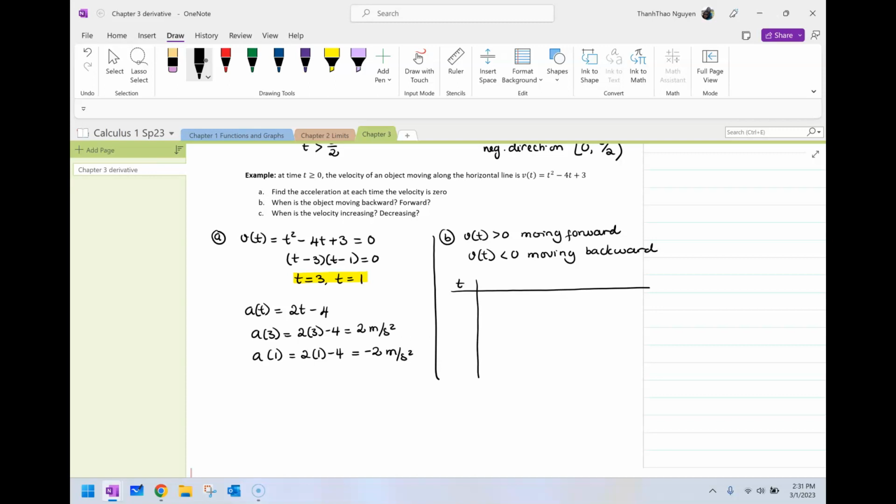So start out at 0. The next point is 1, 3, to infinity. Which means we are really looking at the intervals 0 to 1, 1 to 3, and 3 to infinity to see in which interval v of t becomes positive.